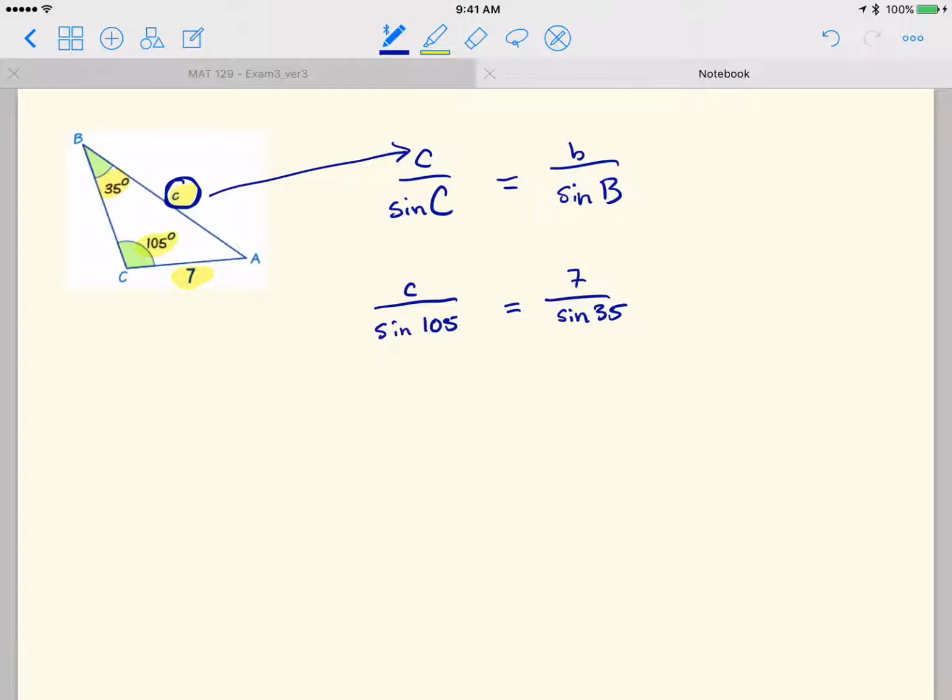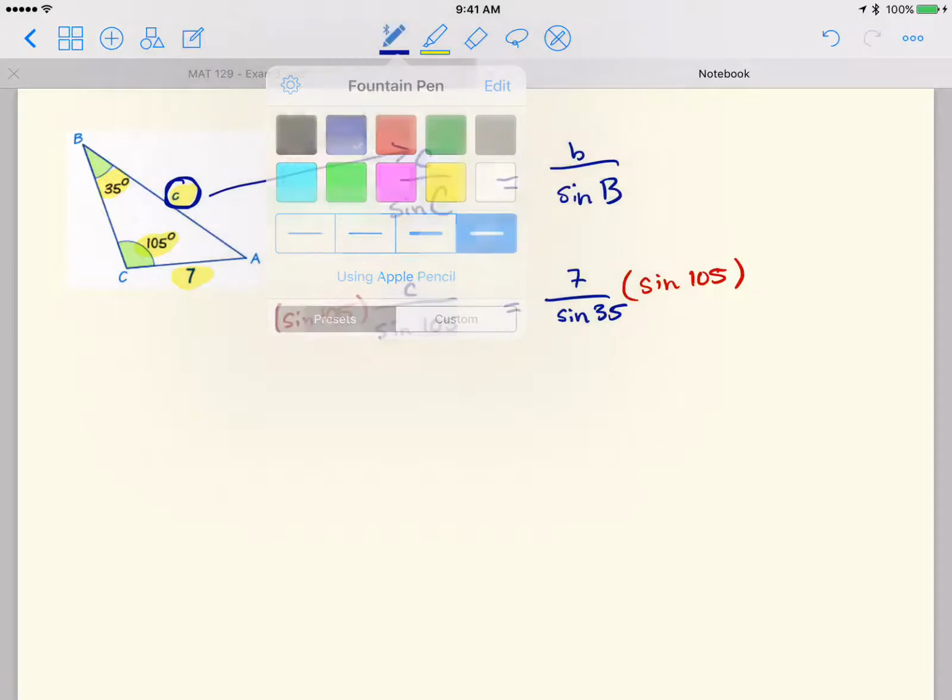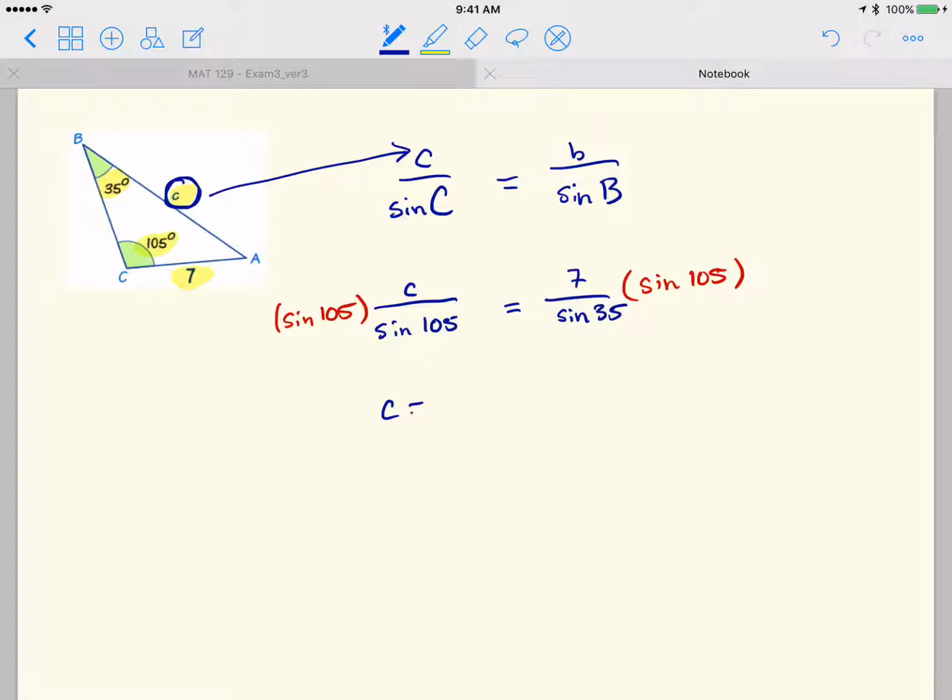Now remember, sine of 105 is just a number, so technically I could just multiply by those, and therefore I get c equals 7 times the sine of 105 divided by sine of 35. And that would be an exact answer.